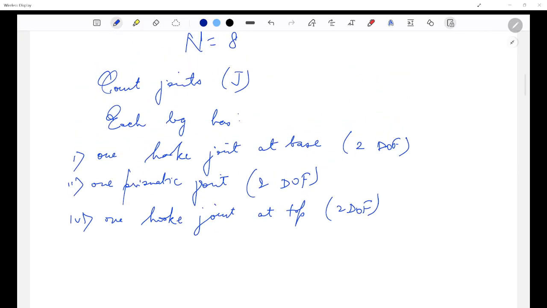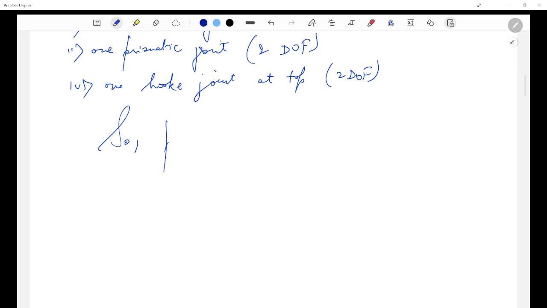So per leg we have 3 joints, and for 3 legs it is in total 9 joints. So our j is equal to 9.